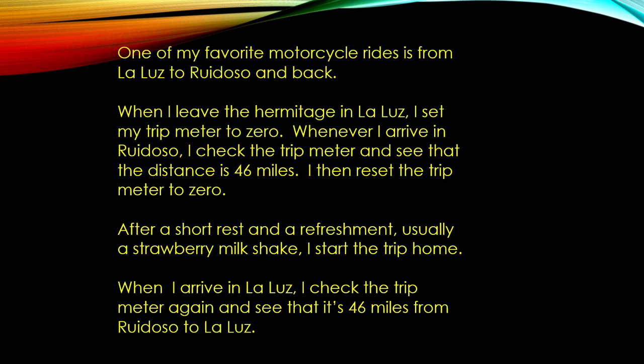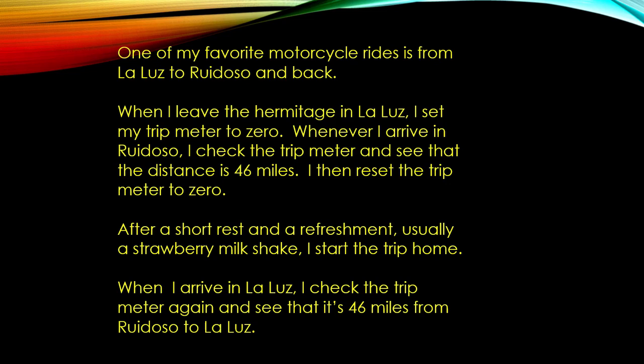One of my favorite pastimes is riding my motorcycle, and one of my favorite trips is from my home in La Luz to Ruidoso. And typically what happens when I leave my Hermitage here in La Luz, I'll set the trip meter to 0.